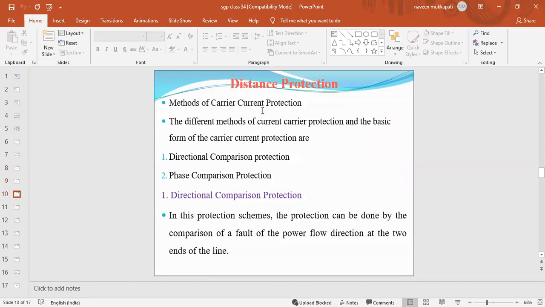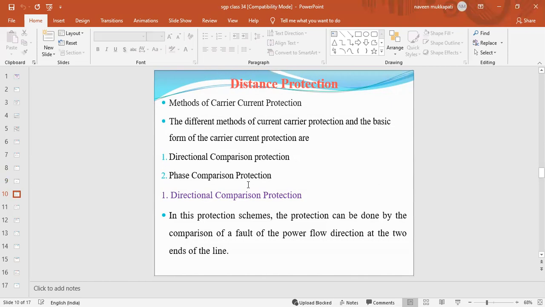The methods of carrier current protection are directional comparison protection and phase comparison protection. In carrier current differential protection, we compare the directions and also the phase.